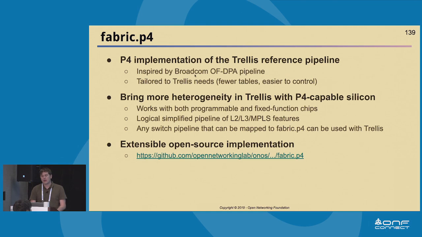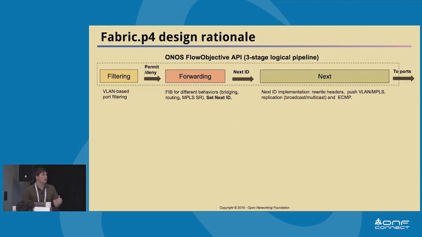As I said before, one of the benefits of using P4 is that it makes the life of control plane developers easier. And that's because you can design your pipeline in a way that makes sense from the control plane perspective. So in ONOS, we have this flow objective API, which is essentially a 3-stage logical pipeline. We have a filtering stage, a forwarding stage, and a next stage.